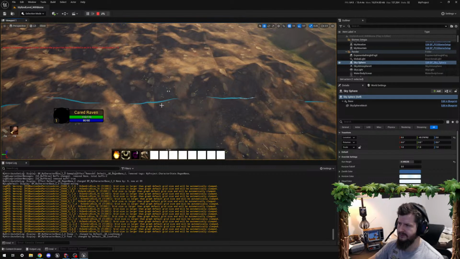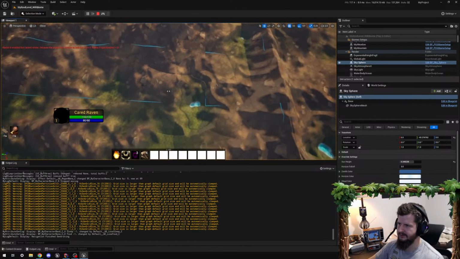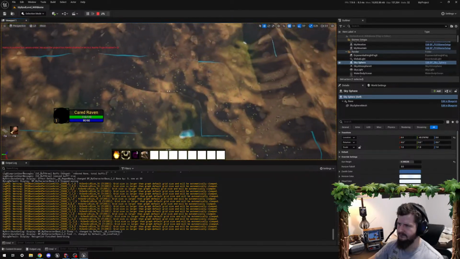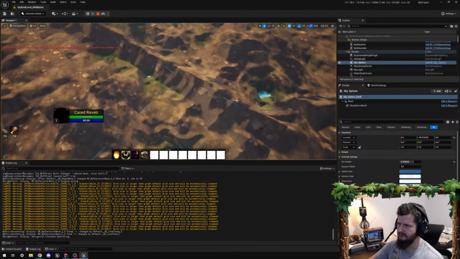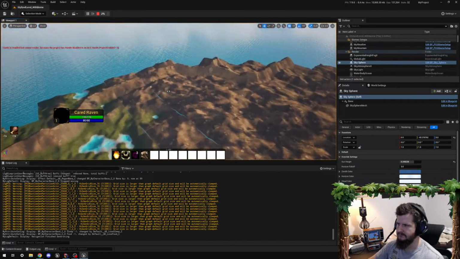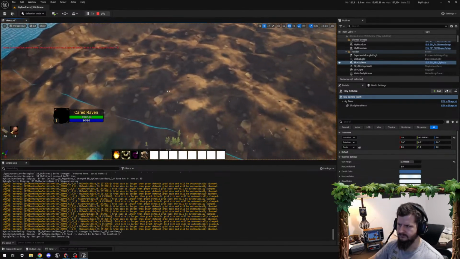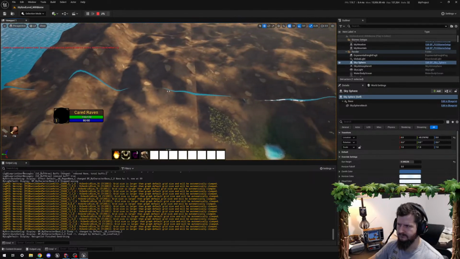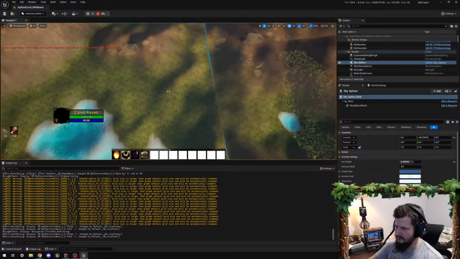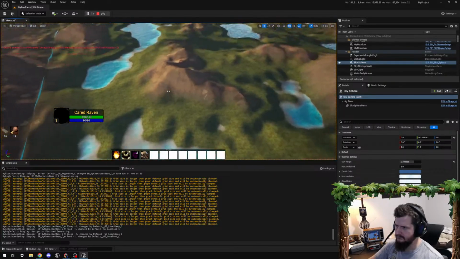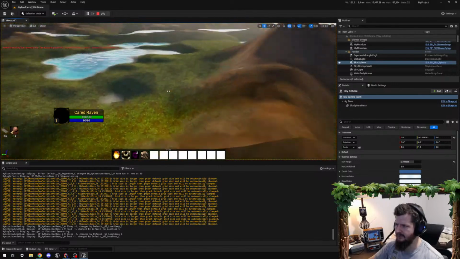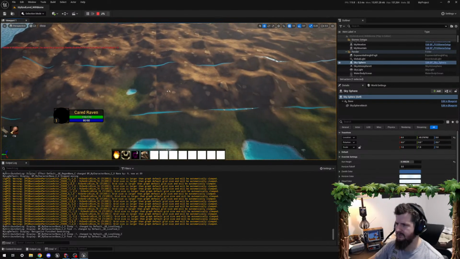So I'm wondering if I just need to include checking the cardinal directions. That looks kind of crazy right here. Now these ones just aren't very different, so that's why they match up better. These ones are.